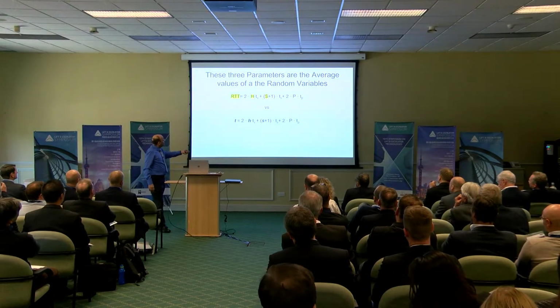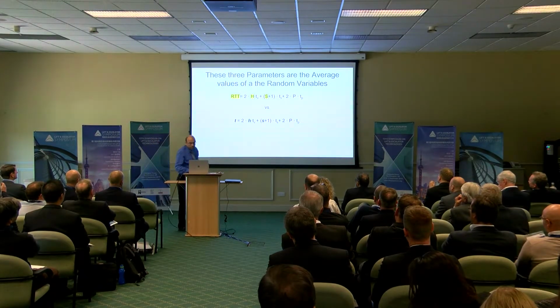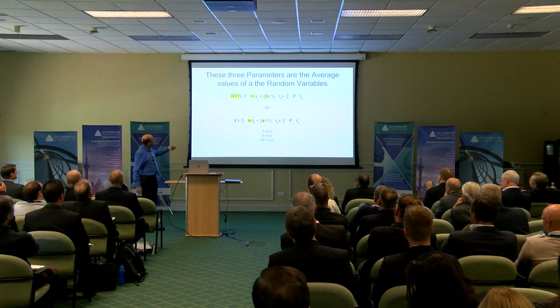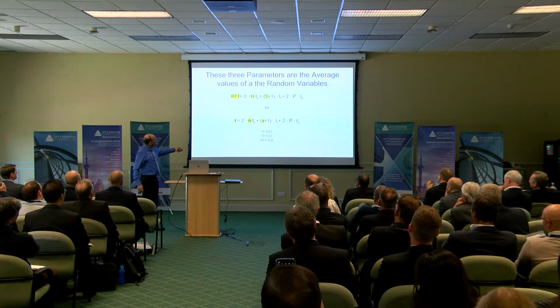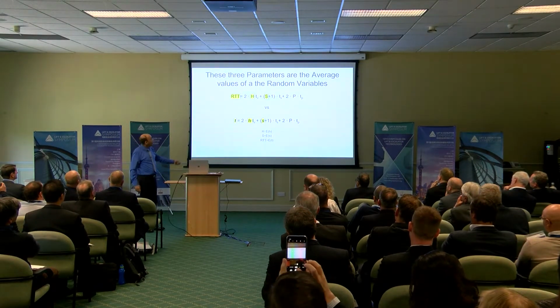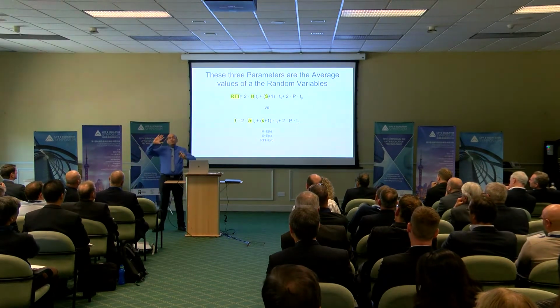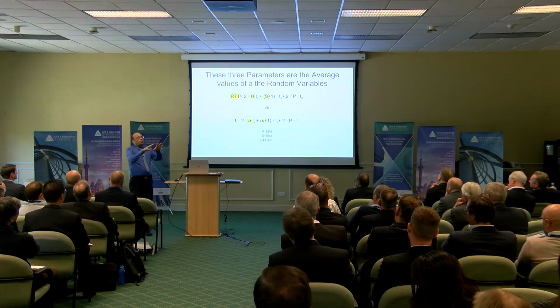H is a random variable, S is a random variable. Really what we're saying in simple calculation is that we take the average of H, which gives us capital H, and the average of S, which gives us capital S, and then we come up with an RTT. That's why we lost something in calculation. We're going to try to recover that.